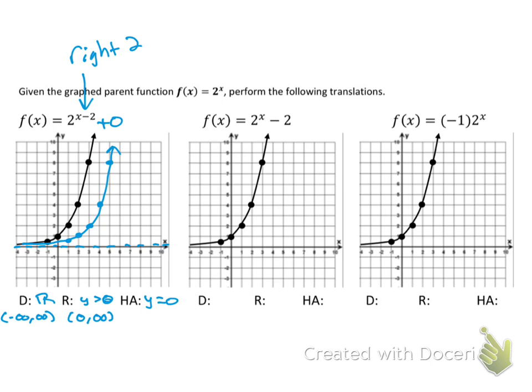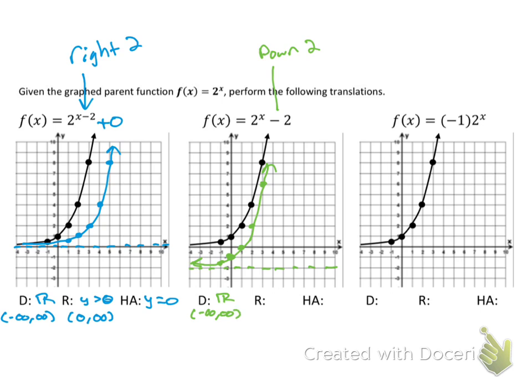Second example here. What transformation is this? Down 2. Again, don't worry about making a table. Just move them all down 2. Does our domain change? No. Does our range change?